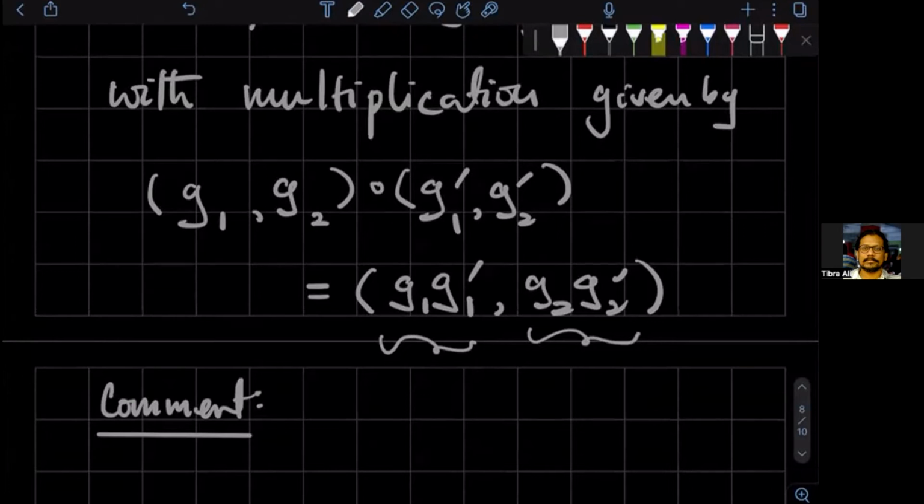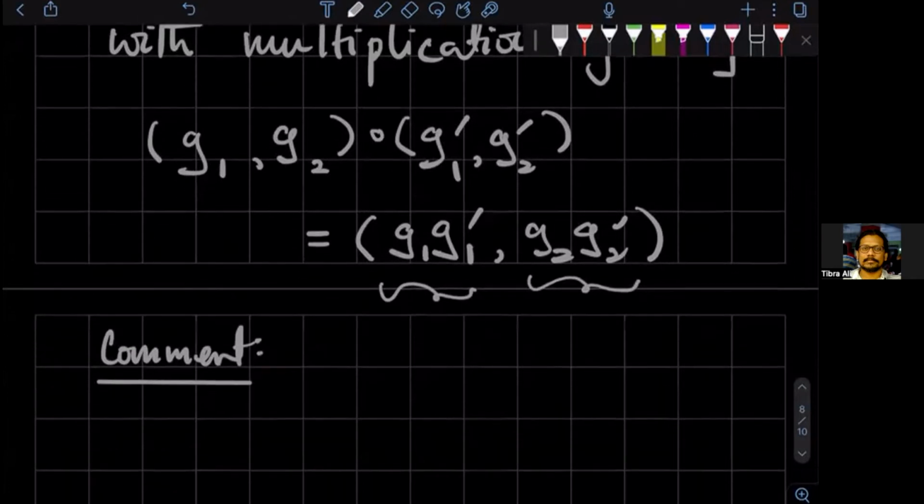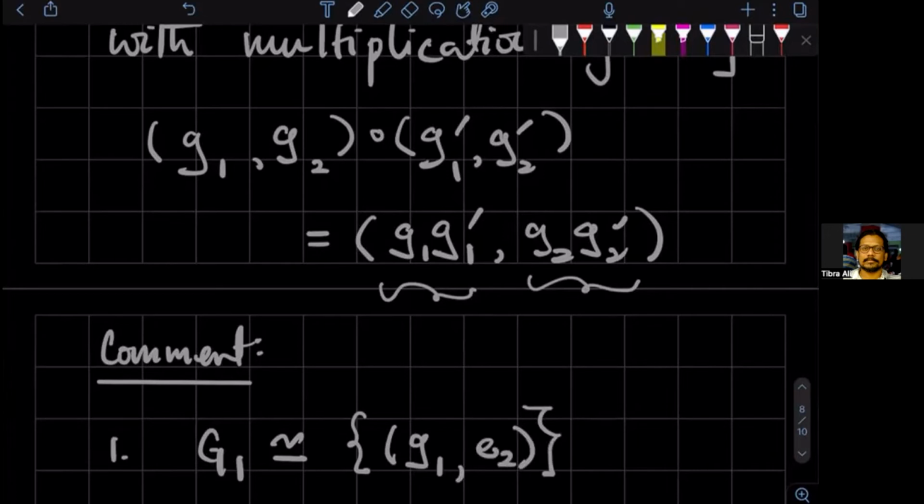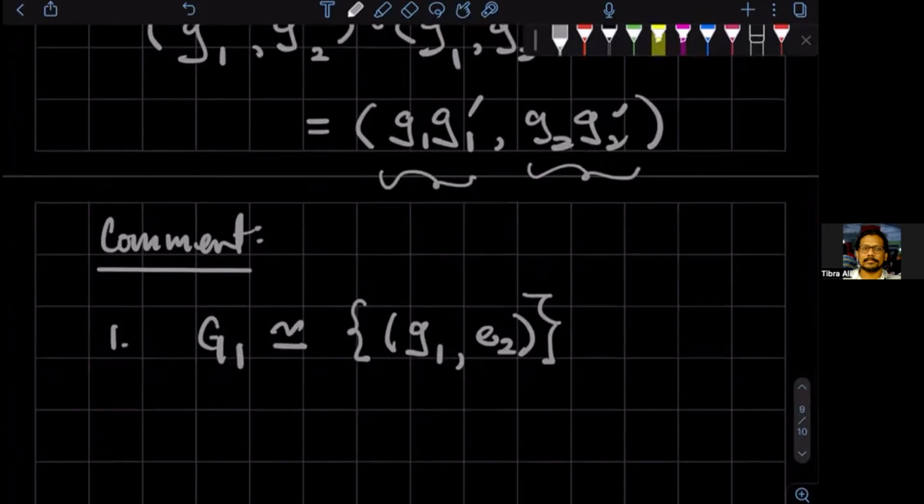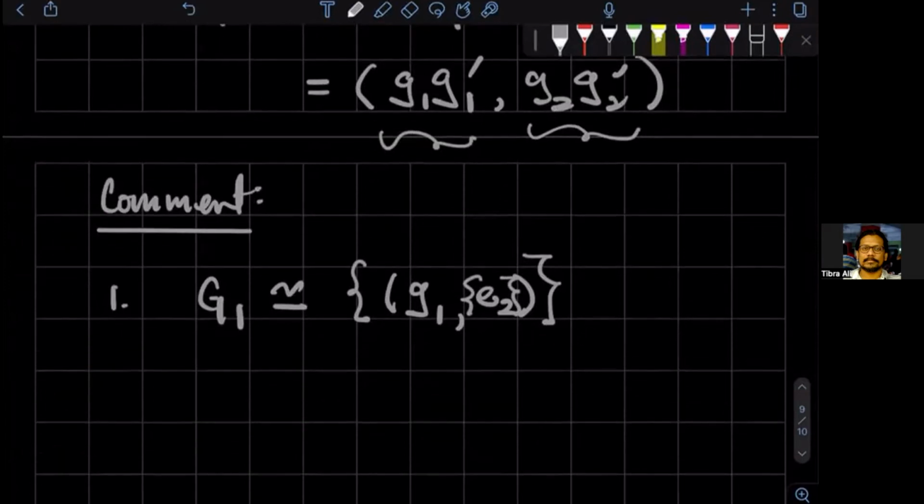The group G1 is isomorphic to the subgroup which consists of G1 from the first group and the identity element from the second group, right? Maybe I should write this. Okay, so this is isomorphic.